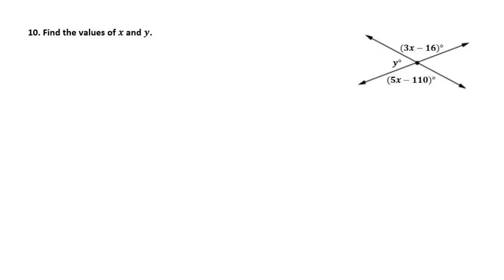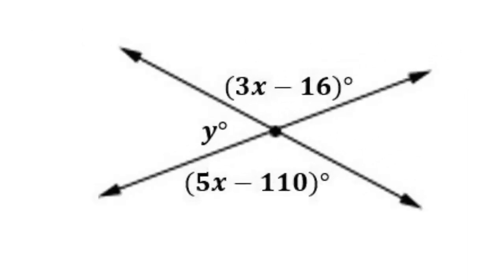In number 10, I notice that I have an X, which means I'm going to be able to find what type of angle in the picture. Vertical angles. Vertical angles are also my opposite angles. Do you guys see a pair of vertical angles here? Yes. What variable is in the vertical angles that you could pair together? X. This angle right here.